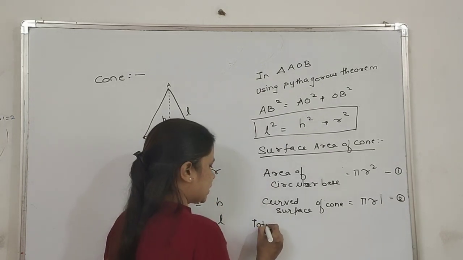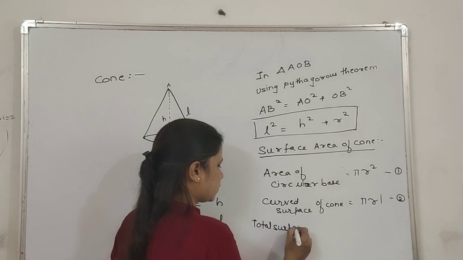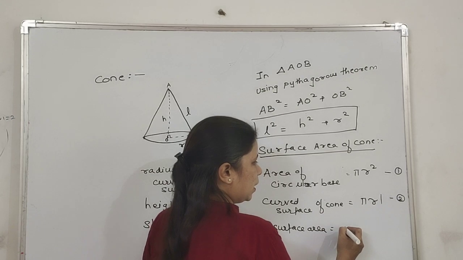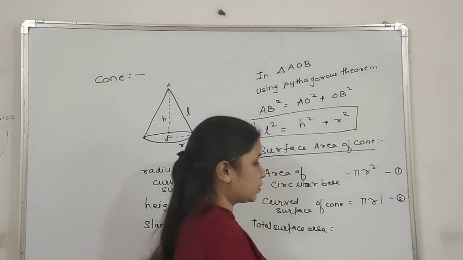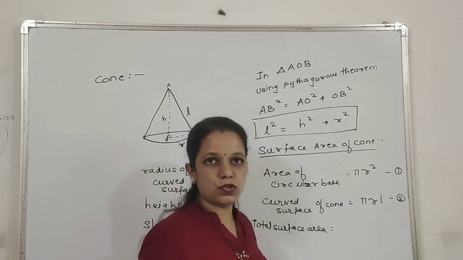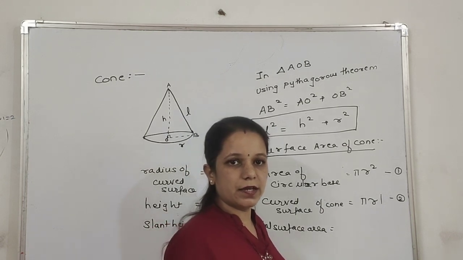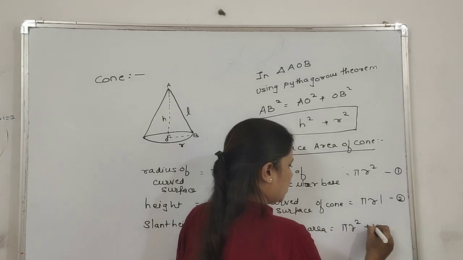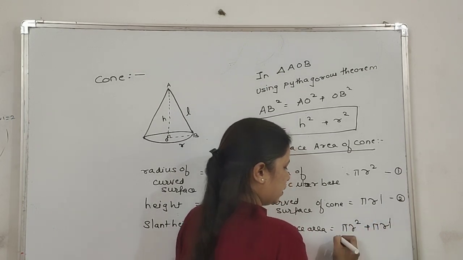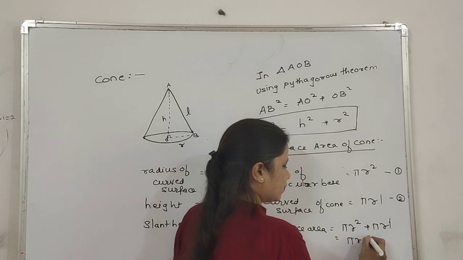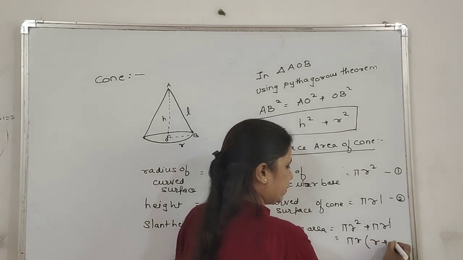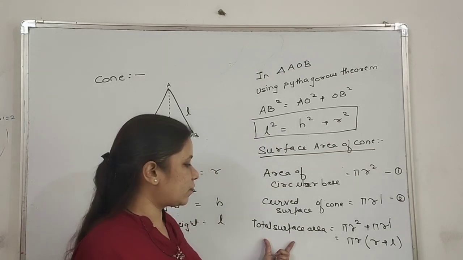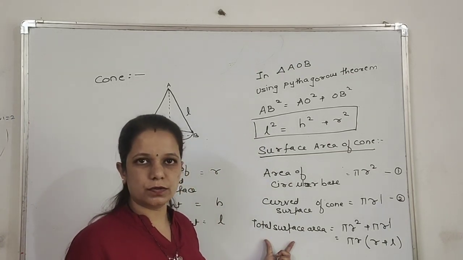So total surface area is an addition of these two equations and it will be given as pi r square plus pi r l. So pi and r we will take as common, pi r (r plus l). So this is the equation for total surface area of cone.